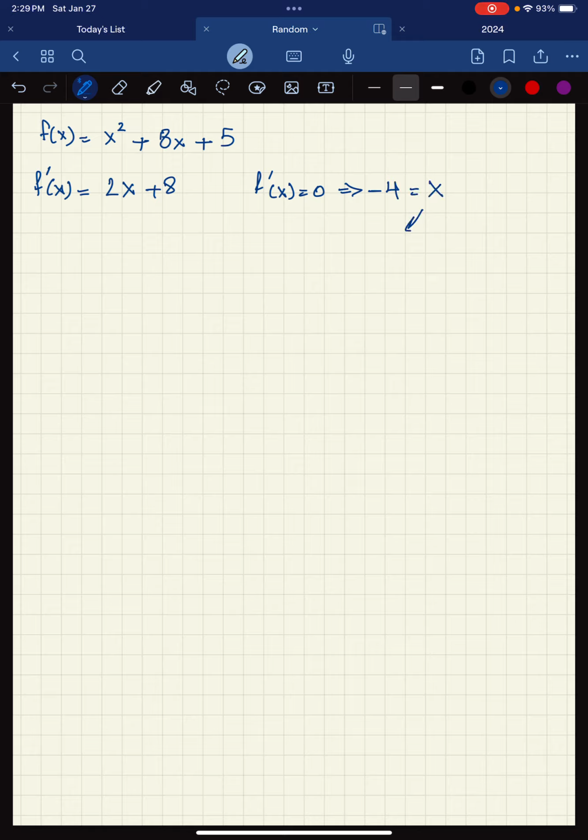And this gives us a local maximum or minimum, but since we know that our function is always going up, then this is probably our local minimum. Or you can also plot this in a calculator and check it as well.